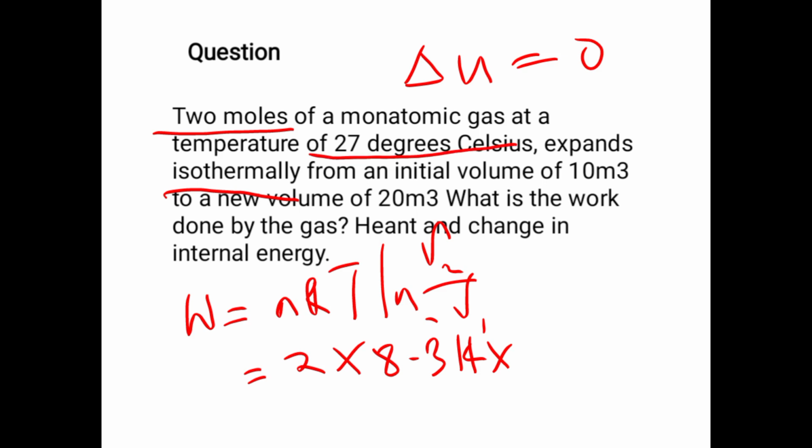We convert that to Kelvin, which gives us 300 Kelvin. Then we have ln V2 over V1. Our V2 is 20 and our V1 is 10. So you can do the calculation and send the answers in the comment section. So that is it for isothermal condition.